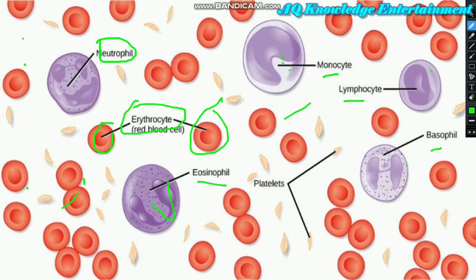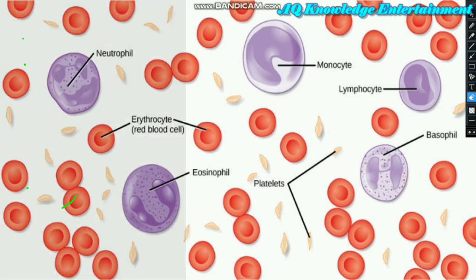So here you can see one here and the second one here. And neutrophils, as I said earlier, 3 to 7 loop nucleus. So it can have a number of nuclei up to 7, but the minimum is 3. Now I hope you have seen that.